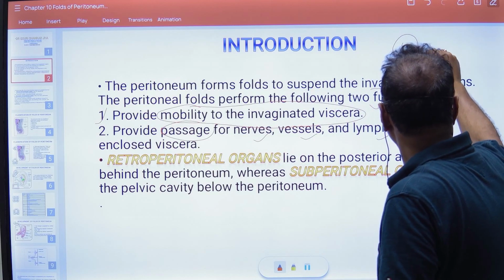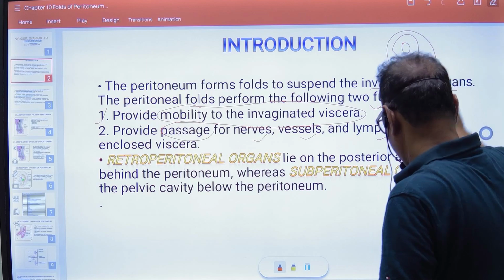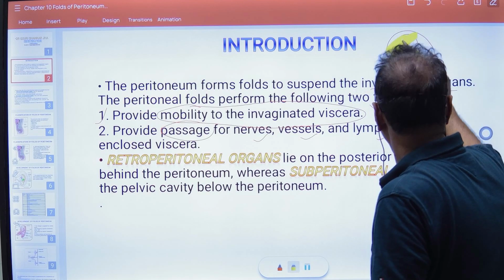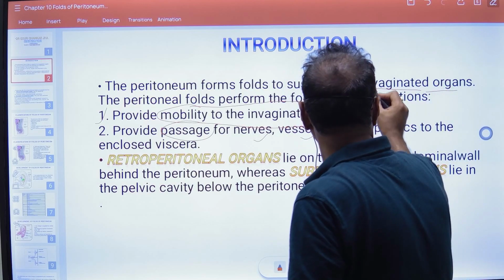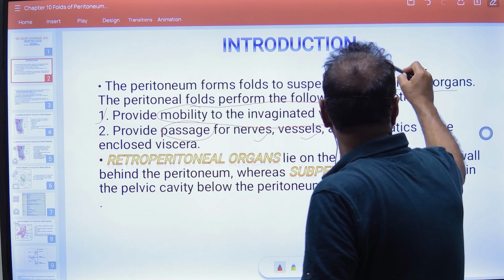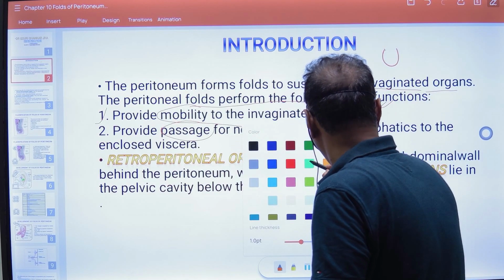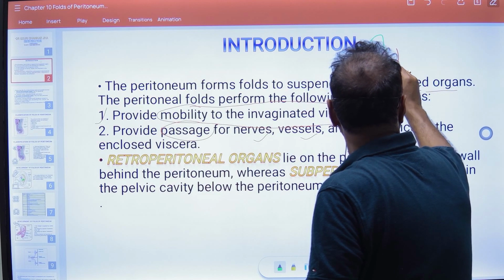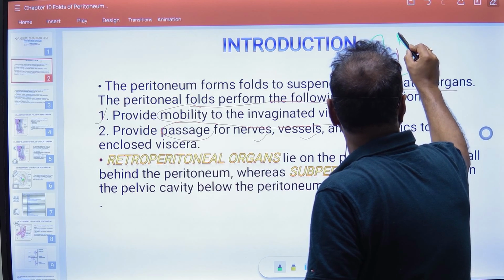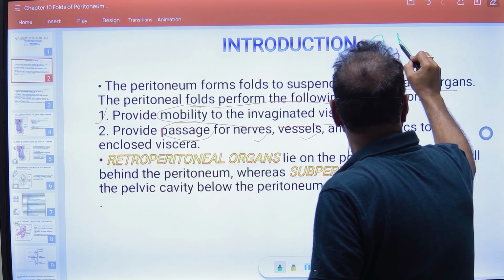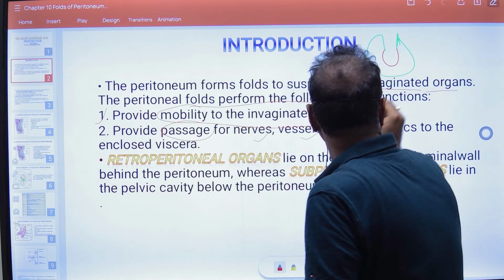We have this one. Draw these like this. This is one structure, and this is a circle.